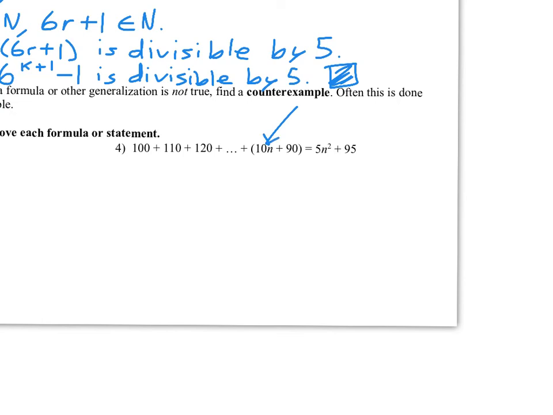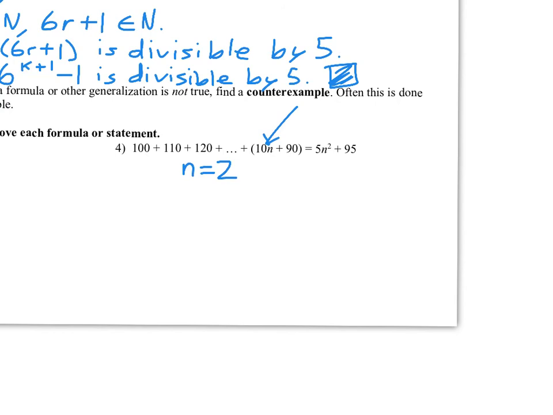If I plug in 2, where the arrow is, I would get 110. So the left side would be 100 plus 110 is 210. And on the right, it looks like 115. So n equals 2 is a good counterexample.